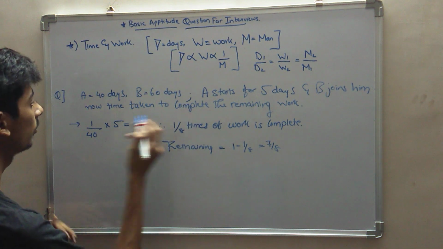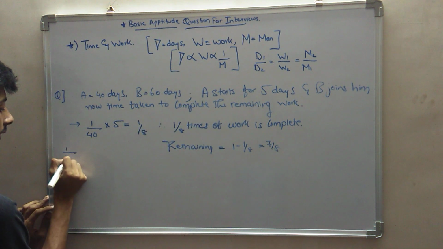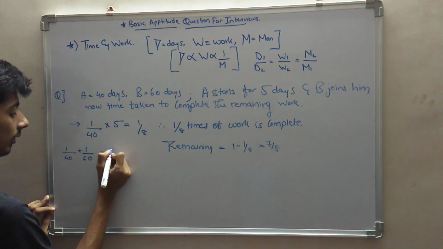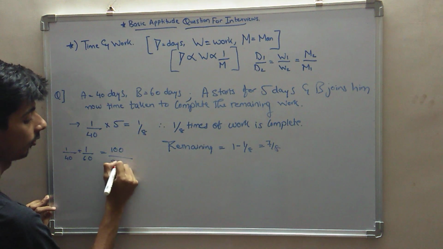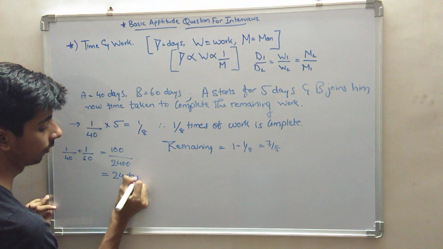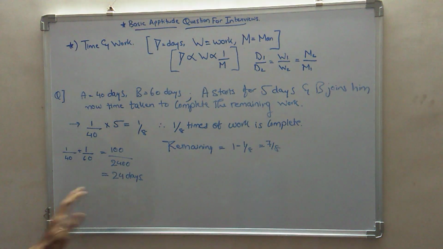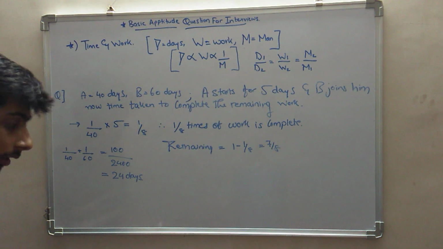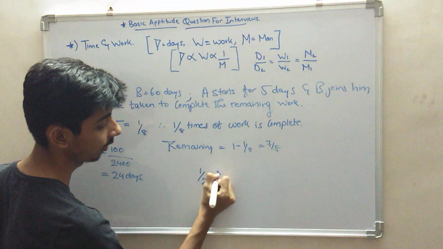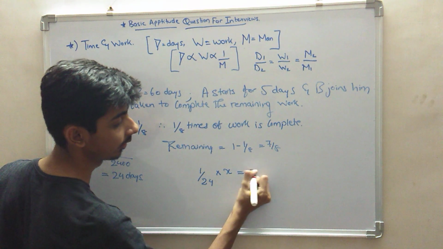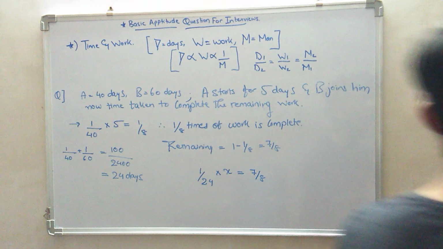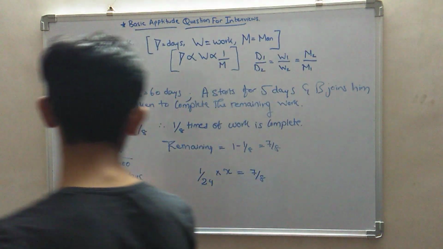Now when they both work together, 1 by 40 plus 1 by 60 is equal to 100 upon 2400, which is equal to 1 by 24. It takes them 24 days to work. So 1 upon 24 into x is equal to 7 by 8. Yes, if they both were working together, then this was the total number of days.